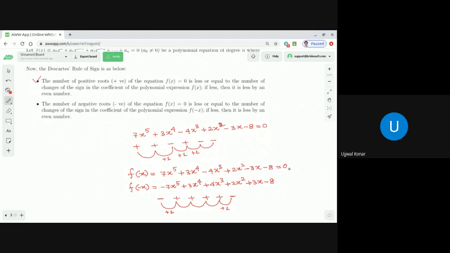That means it can have a maximum of 2 negative roots or 0 negative roots, no negative root at all. And if you now go back to the statement, it says the number of negative roots of the equation f(x) equal to 0 is less or equal to the number of changes of the sign in the coefficients of the polynomial f(-x). If less, it is less by an even number.